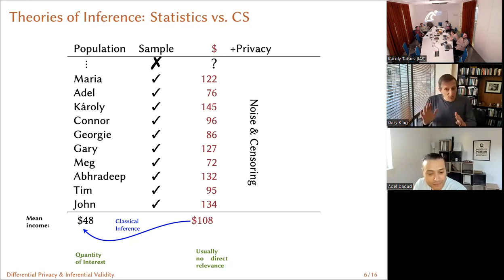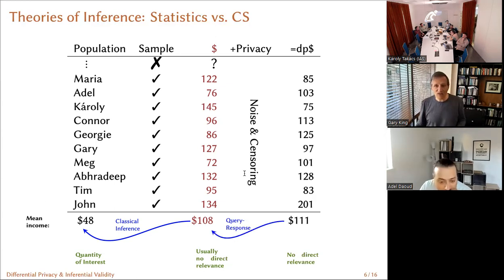Well, we're going to add noise, and we're going to do some censoring. Really large values we're going to cap. Okay, I'll explain exactly how we do that in a minute, but roughly that's what we're going to do for now. And then when we do that, we get a bunch of new values. These new values, these are not the incomes of these people, right? They're the incomes of these people plus some noise and censoring.